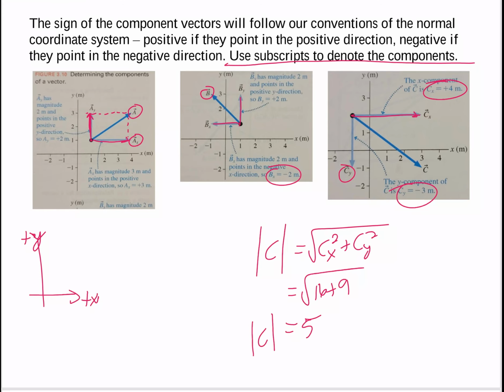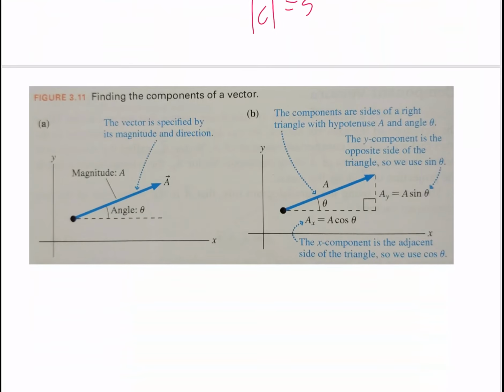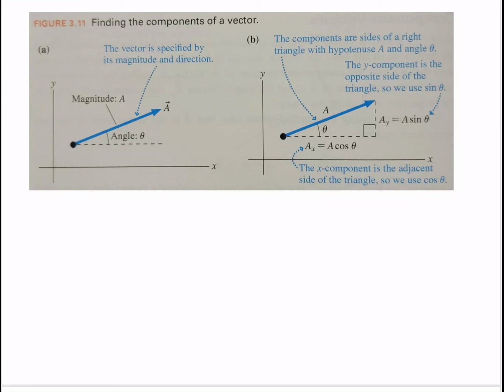All right. So next, finding the components of the vector. This is where we have the original vector and we're breaking the vector into its components, like a sub x and a sub y. So here we have an angle. The angle is theta. The magnitude of the original vector is a.